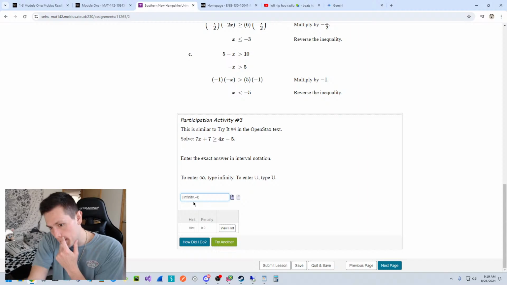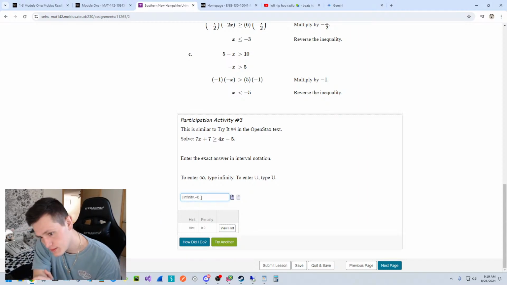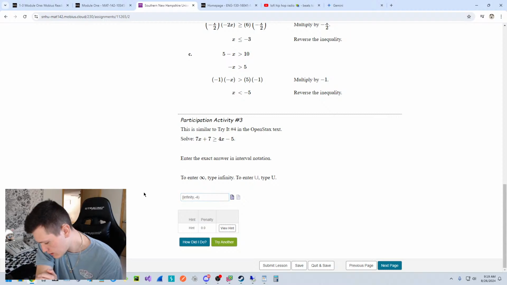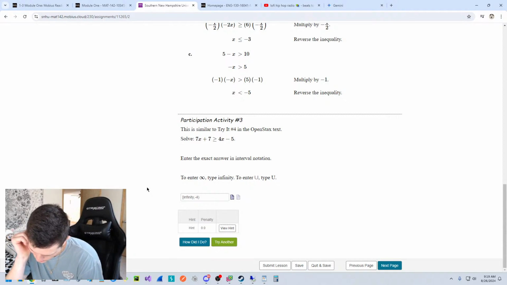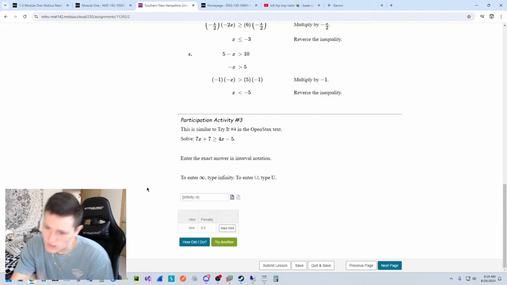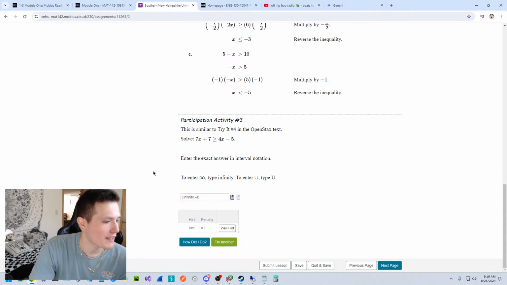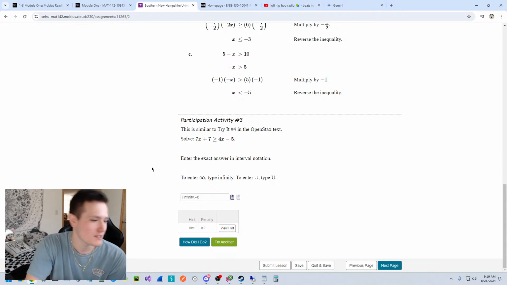Alright, I think this is right. So anything that is greater than or equal to -4. I hope I don't have my square bracket as parentheses.